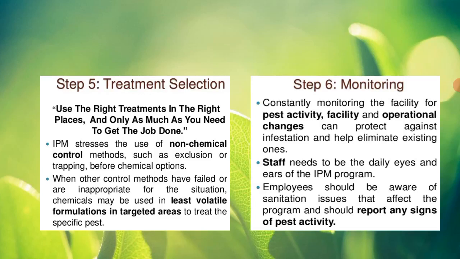After that we have identified the pest, we have analyzed the sources or the entry points, then we treated the pest with the proper treatment. After the treatment, we have to monitor whether this protocol that we have been following is becoming successful or not.